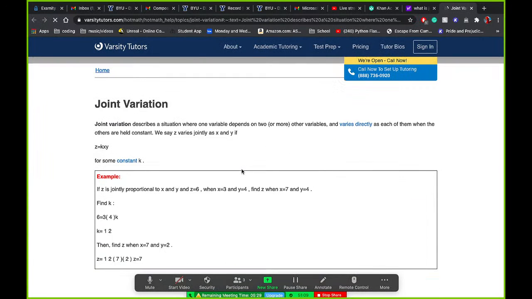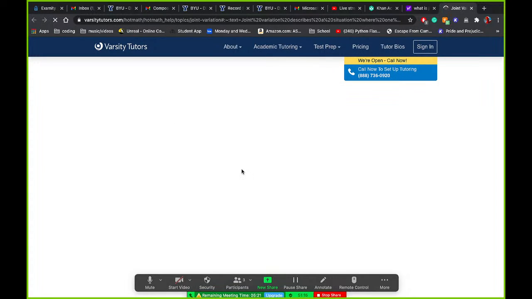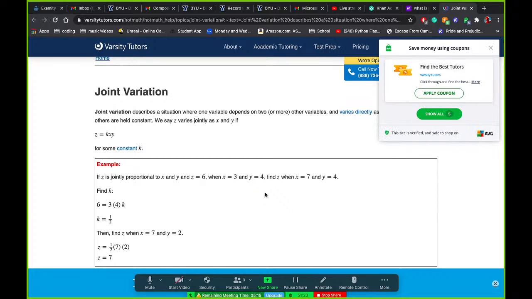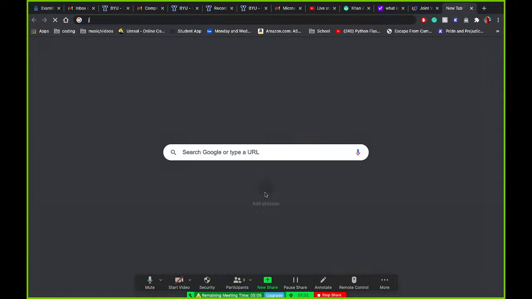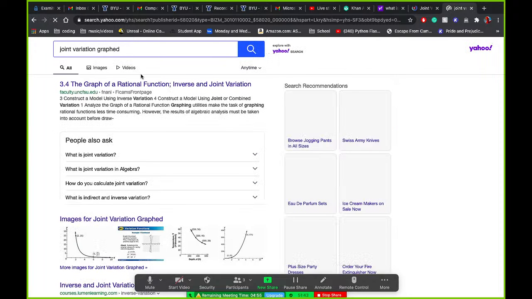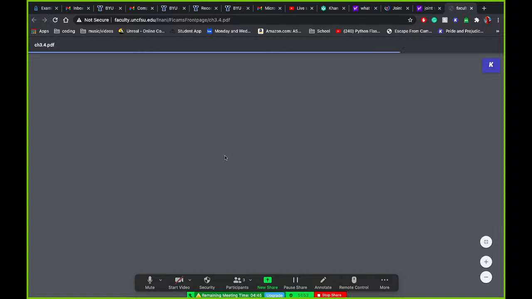So let's see, varsity teachers. Joint variation graph. Come on.